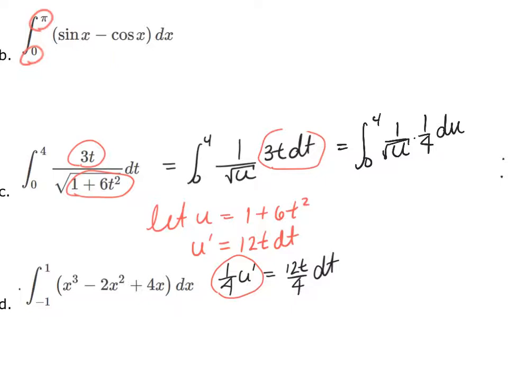So I need a replacement for that 3t dt, and that replacement is 1/4 u prime, or du. And when I do 1/4 to one side, I have to do it to the other. So 12t over 4 dt is equal to 1/4 u prime, or du.